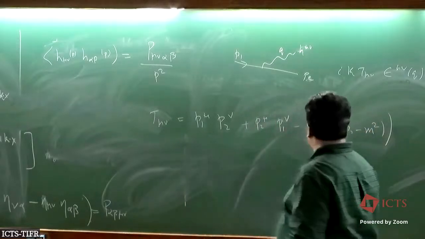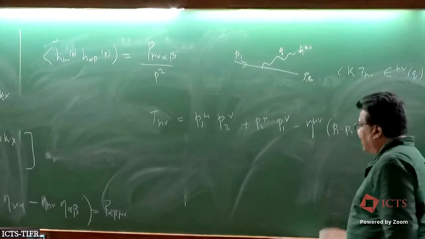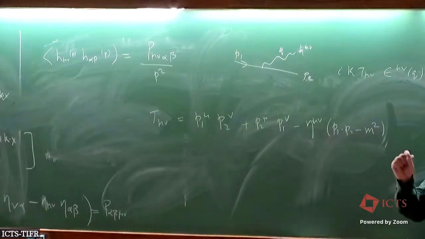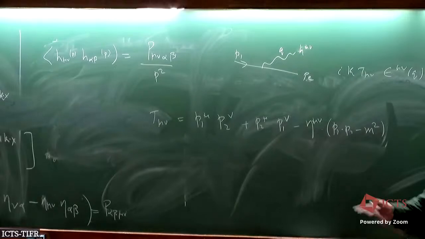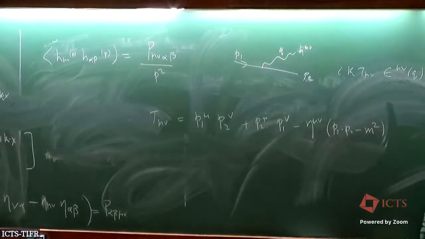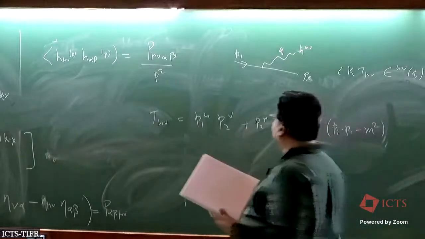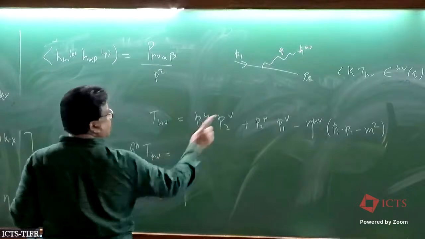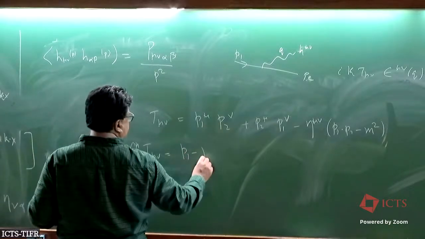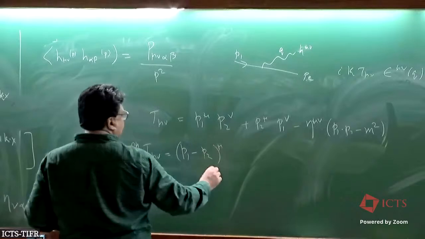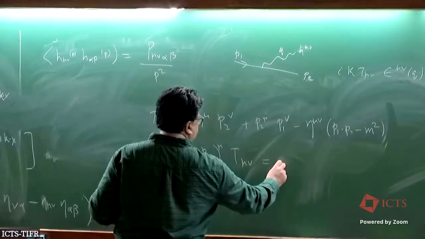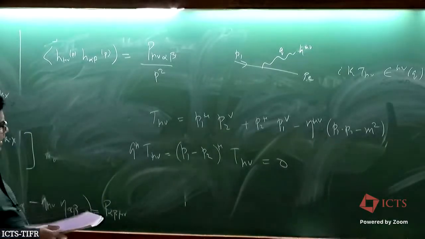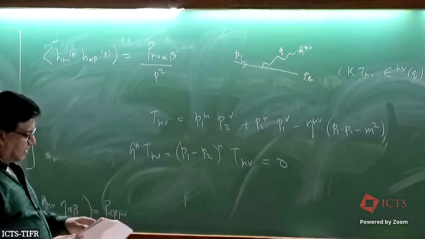That would be, if you take the Lagrangian for the scalar field, calculate its energy momentum tensor, taking derivative with respect to eta mu nu, and write it in momentum space for this vertex. So you can check now that Q mu T mu nu, which in this case would be something like P1 minus P2 mu T mu nu, should be 0. You can check that later. So this is a sort of a conserved energy momentum tensor.